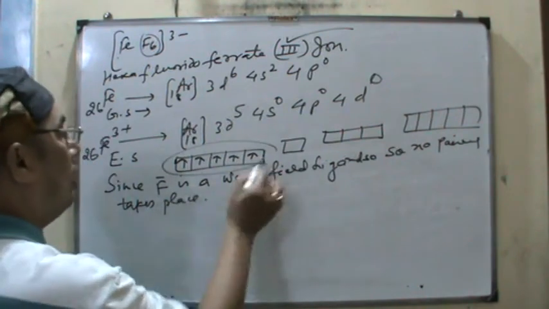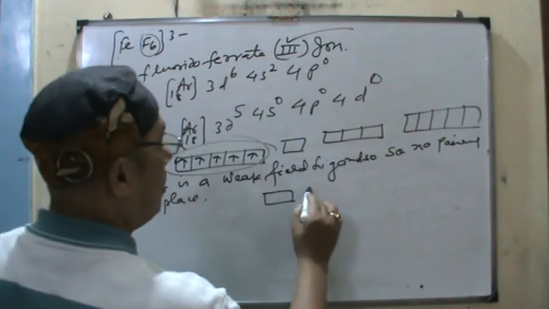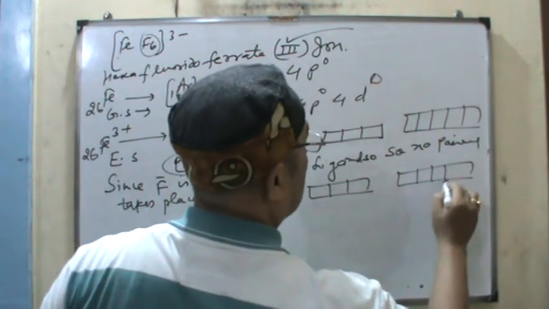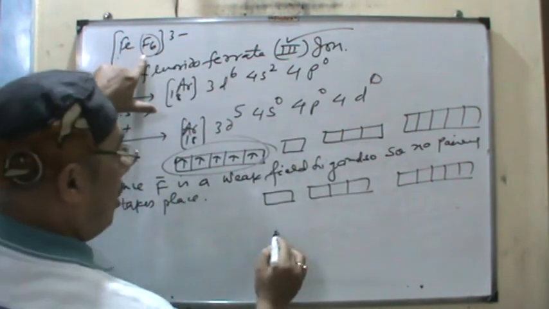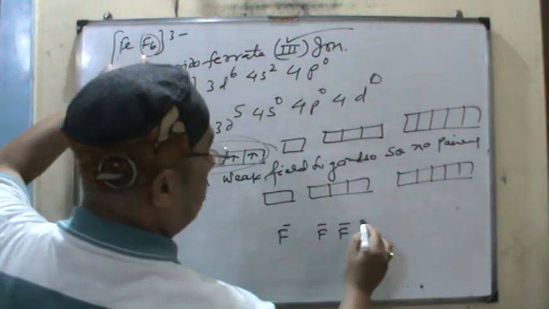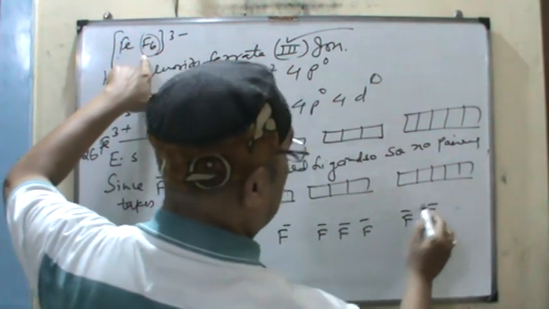Thus it is all right, leave it. Now sp3, then it is the fluoride. You have to write like this: fluoride, fluoride, fluoride, fluoride and fluoride.